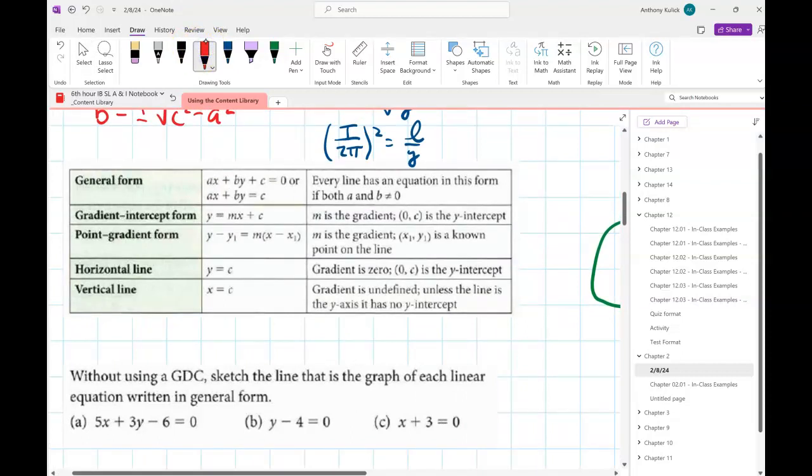So a review of the different forms of lines. So we can write an equation of a line. This is the IB vocabulary. This is why I included it, because their terminology is different than our standard American terminology. So when we say standard form, they're going to say general form. When we say slope intercept, they're going to say gradient intercept.